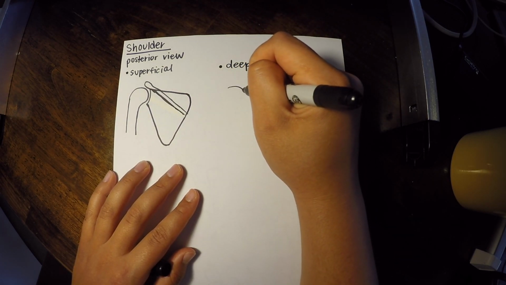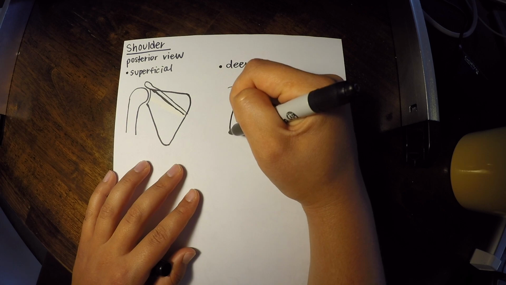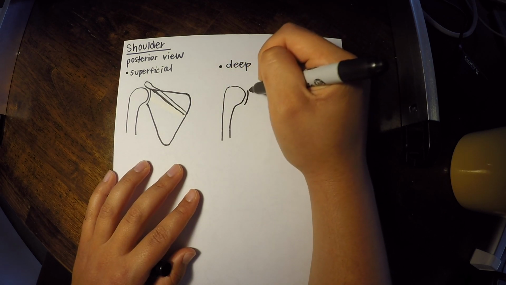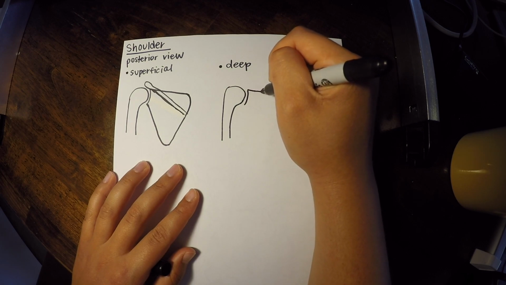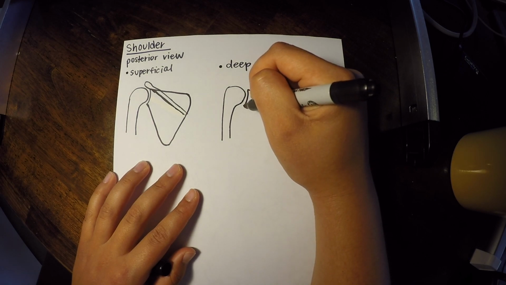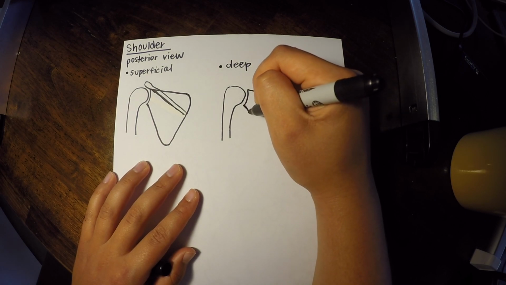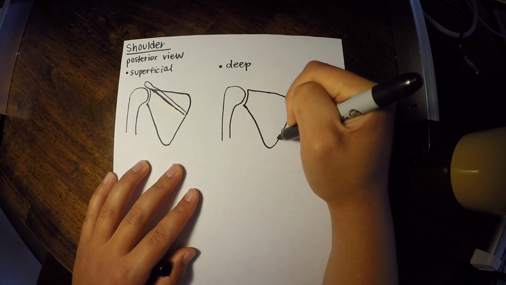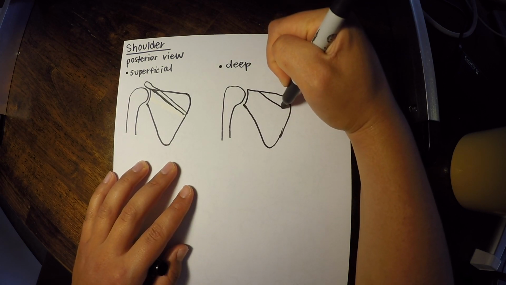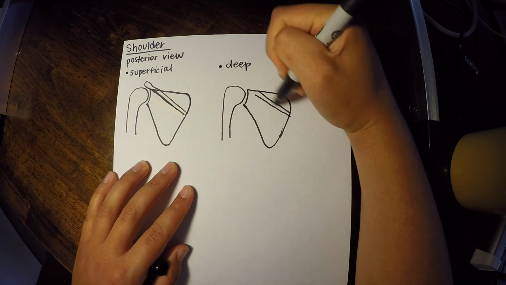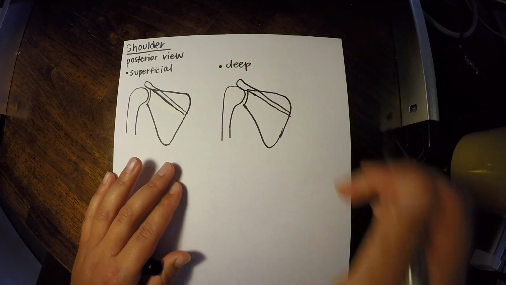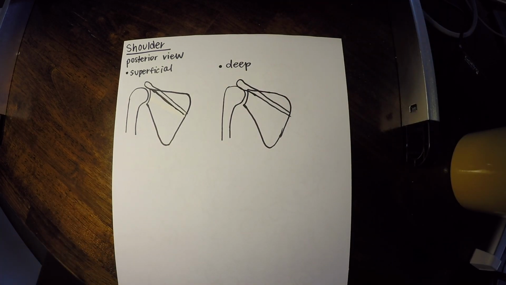So again, we're going to add in our humerus and draw in our scapula. And then we just gotta add in the spine of the scapula, going out into the acromion. All right, we're rolling now.